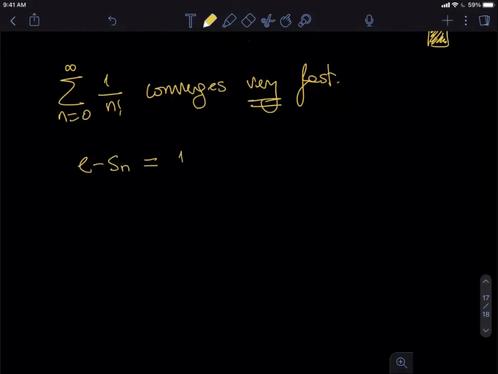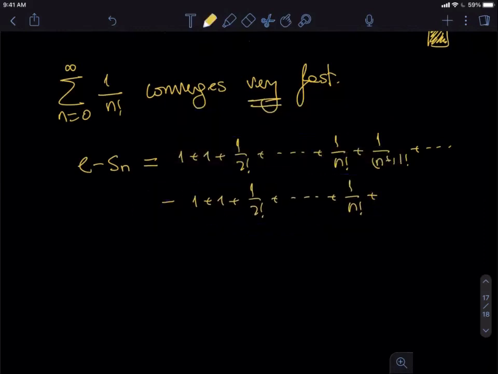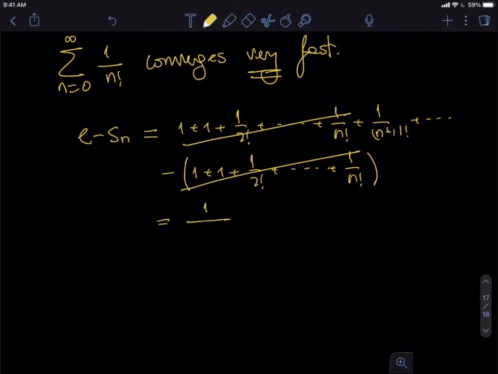We have 1 plus 1 plus 1 over 2 factorial plus 1 over n factorial, 1 over n plus 1 factorial, and so on, minus the partial sum. So there's a big cancellation here, and I get 1 over n plus 1 factorial plus 1 over n plus 2 factorial, n plus 3 factorial, and so on.